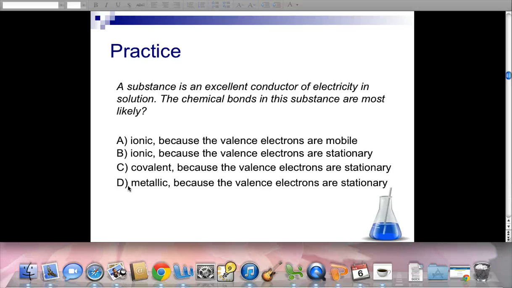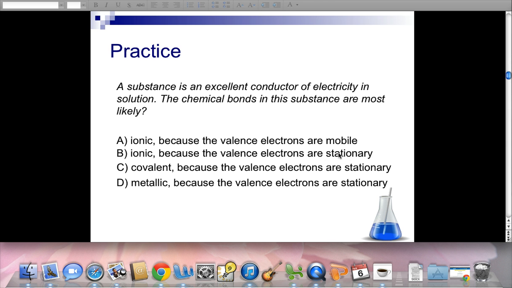So a substance is an excellent conductor of electricity in solution. The chemical bonds in this substance are most likely, well, we can rule out C because covalent is not at all a good conductor. And that then leaves A because it's ionic and its valence electrons are mobile. Ionic because the valence electrons are stationary.